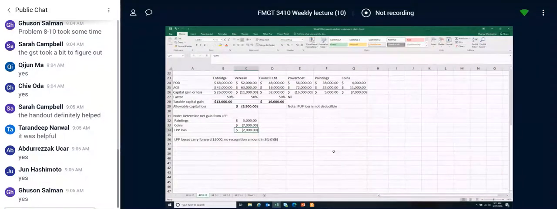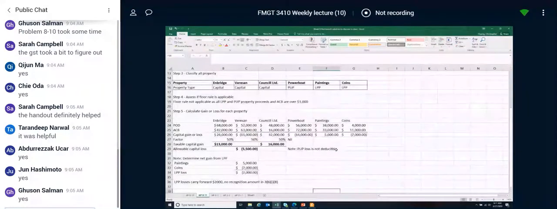And that's all you need to do in this question. You were not asked to go further. They just want you to determine any taxable capital gain or allowable capital loss. Any questions on this one?